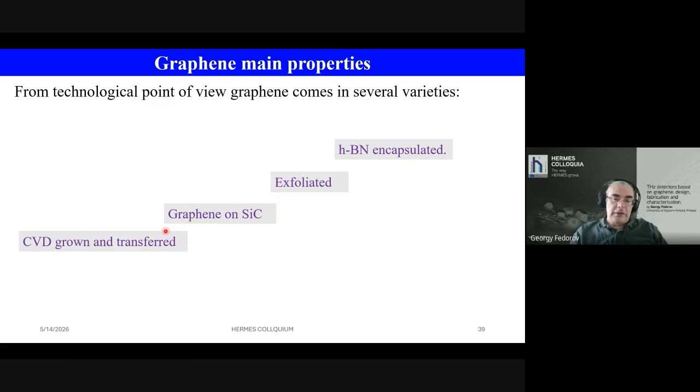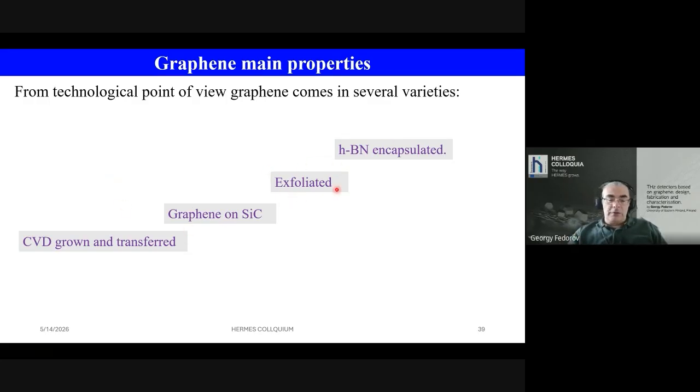These two techniques can be treated as compatible with industry, but it's very difficult to gate graphene on silicon carbide. So it's difficult to extend this technology to a really industrial level.